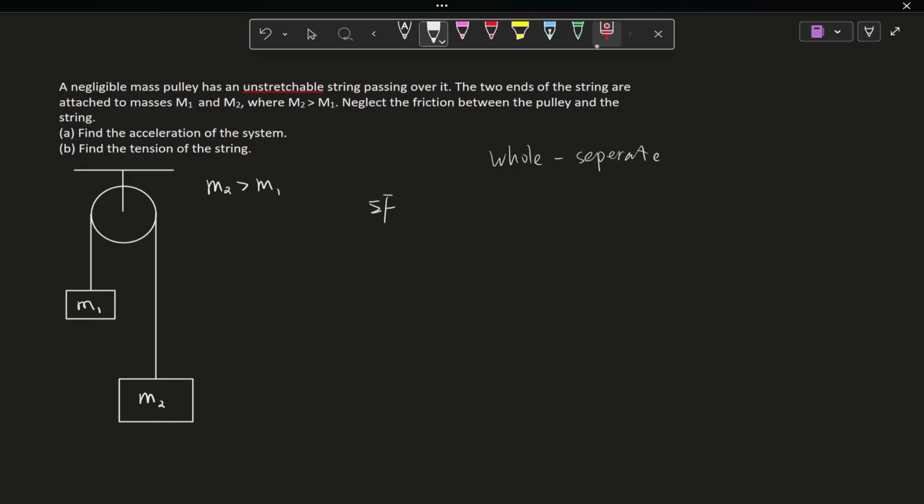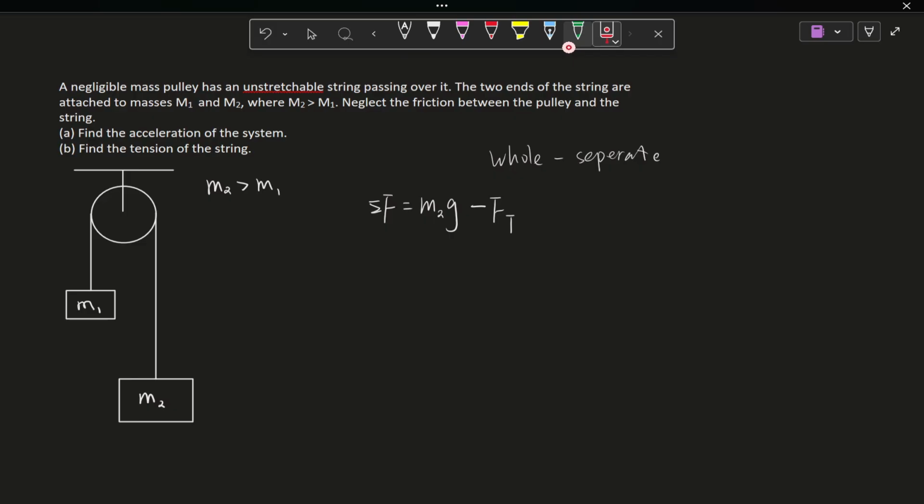Net force is equal to, there's a gravitational force that acts on M2, right? So let's write M2G minus Ft, right? Because Ft is pointing upward, plus Ft.